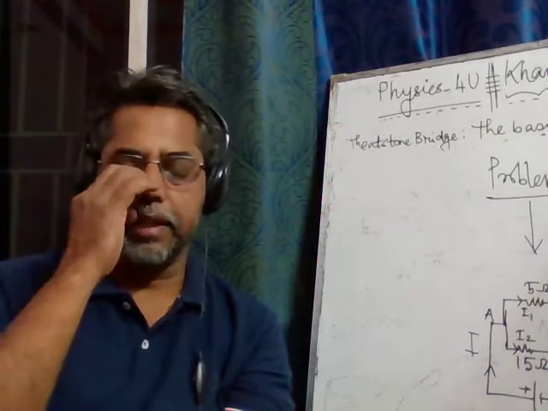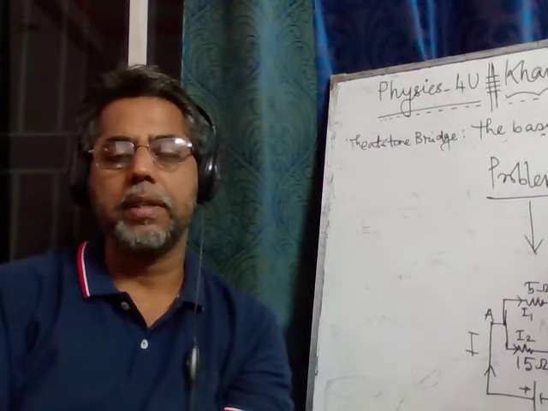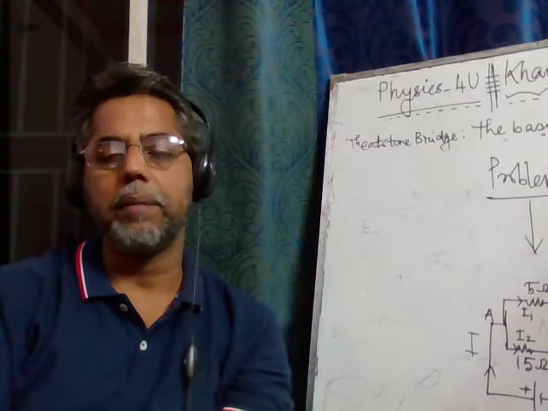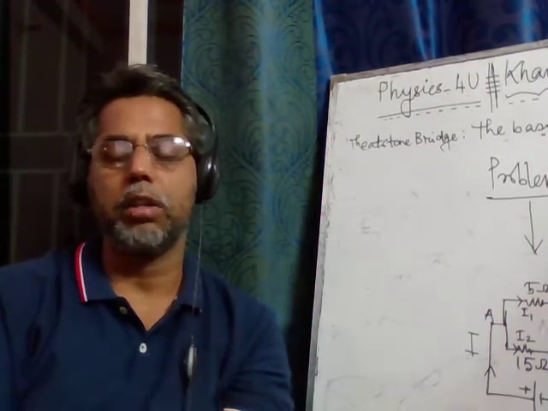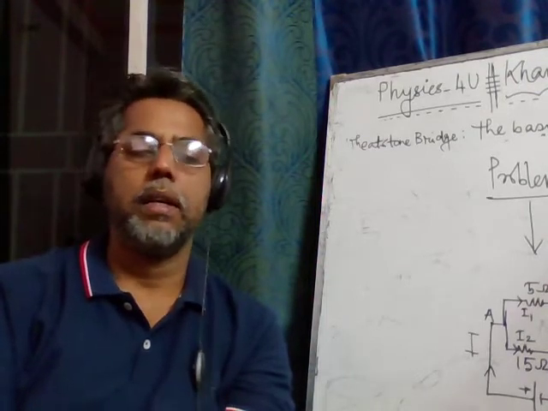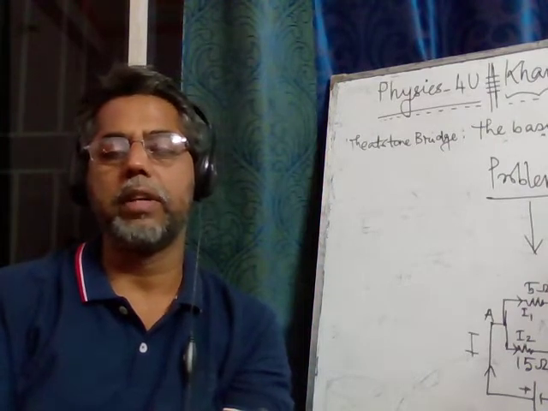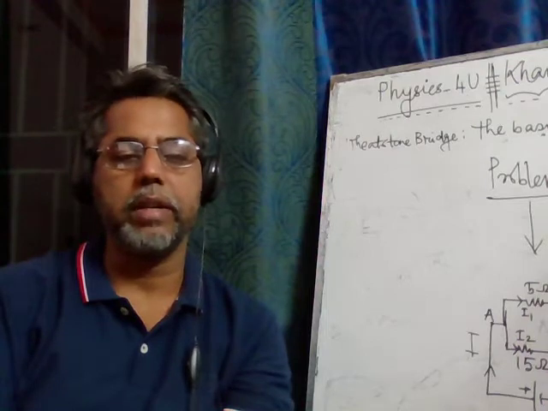As you know, a bridge circuit, the Wheatstone bridge, has four arms representing four resistances, and there we need a power supply and a load to be connected. So what are the requirements? First of all, we need a power supply or a battery, a source of EMF.